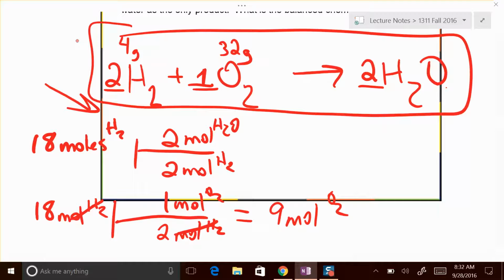So if you're going to do a stoichiometry problem and they give you an equation, you have to make sure it's balanced, because sometimes it's not balanced. And then there's no way you're going to calculate these correct ratios without a balanced chemical equation. So the very first thing you have to do is make sure it's a balanced chemical equation. And then from the balanced chemical equation, I can determine those ratios.